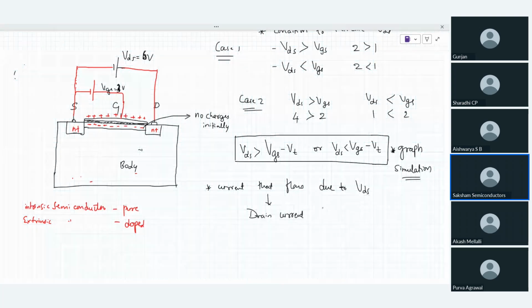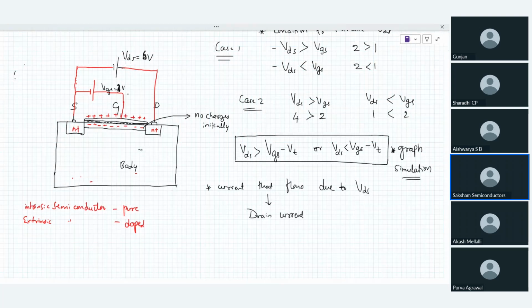It is conventionally named that way because the current flows from source to drain. Here the electrons move from the source to drain, as per the movement of charges, these negative charges are moving from source to drain. But if I consider the other way around with respect to the conventional current concept, it is the positive charges that would be moving from drain to source.